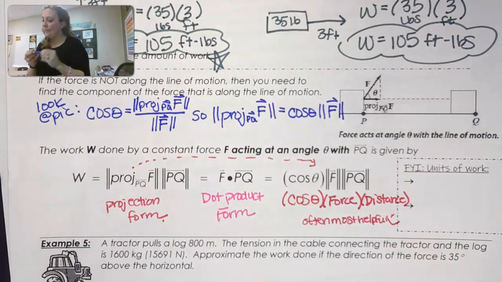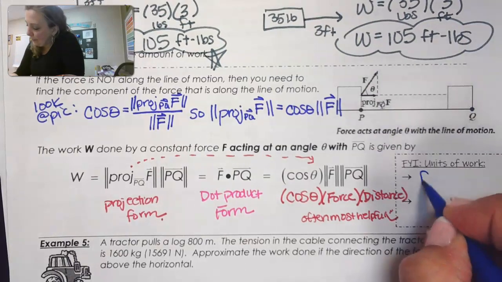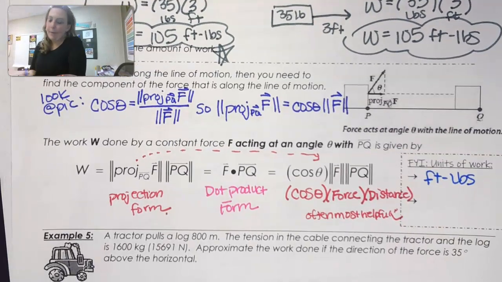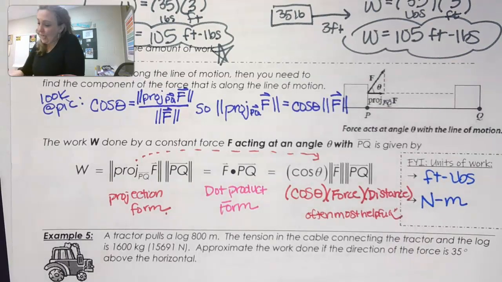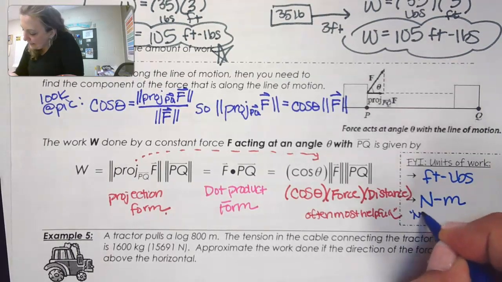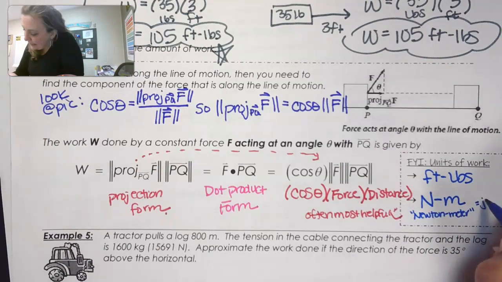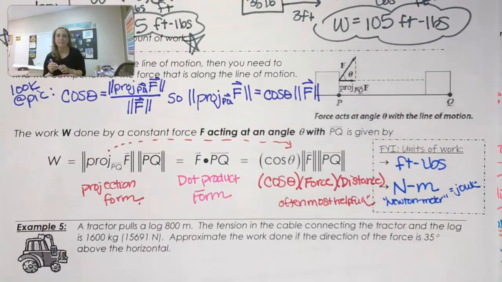I did say I'd mentioned something about the units of work. One example that we had above was foot-pounds. Another that you might see is this N-M, and this represents a Newton meter. And the Newton meter is the same as a joule, if you've seen that in science class.